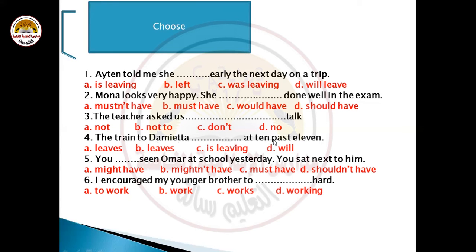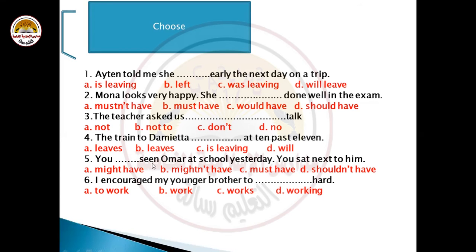We talk about 4 forms to express the future. One of them, when we are on a timetable, we use the present simple. The train to the meter leaves at 10 past 11.